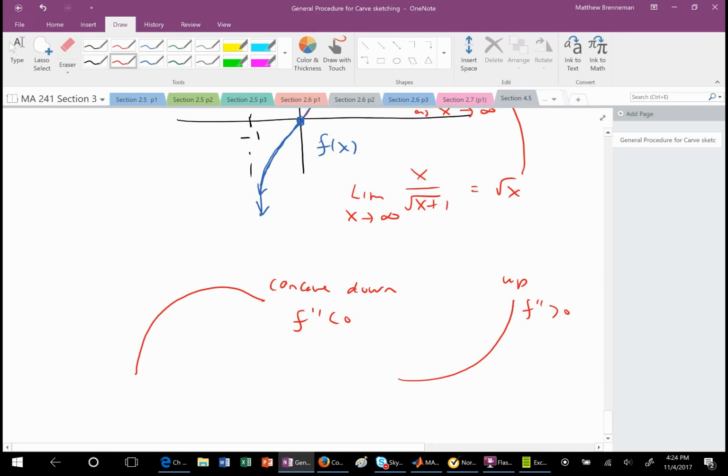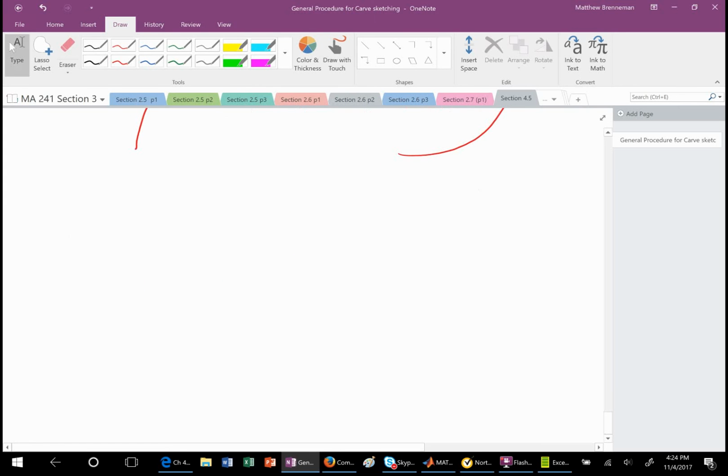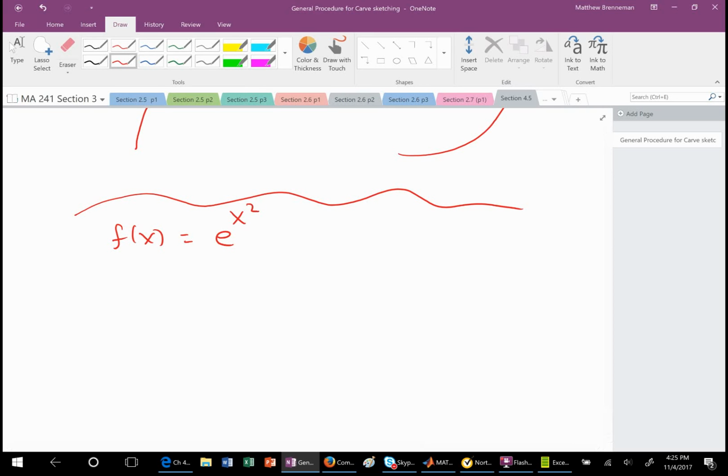Okay. All right, so here's a really fun problem. This is one of my funnest. F of x equal e to the x squared. You know what, that might be too easy.